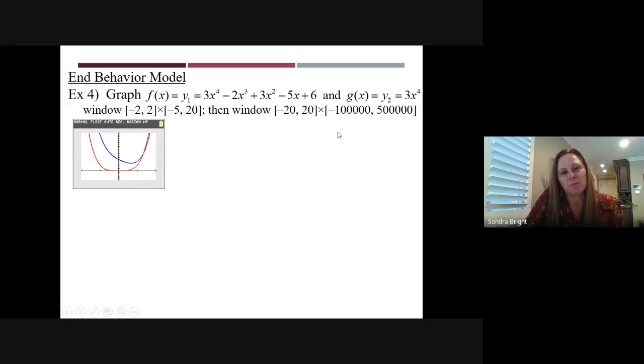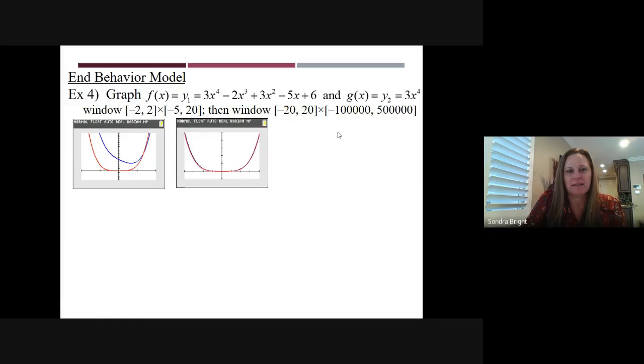Anyway, here's the point. Here's what it looks like when you change the window to this. Imagine the earlier graph is what you see from the top of a building, versus these, which are what the graphs look like if you're up in an airplane looking down, or up in space looking down on it.